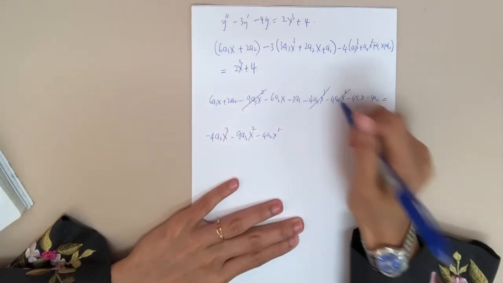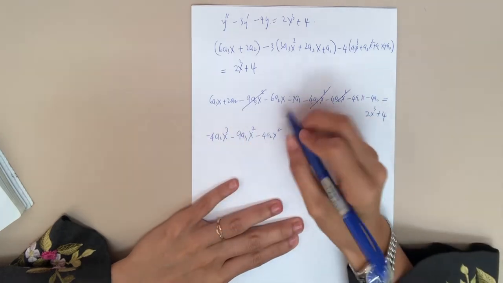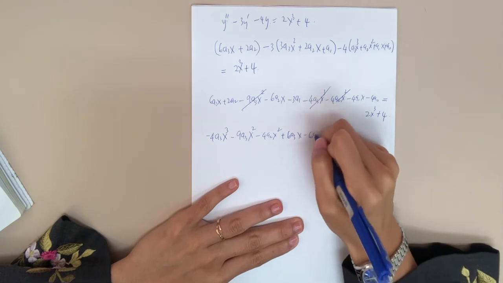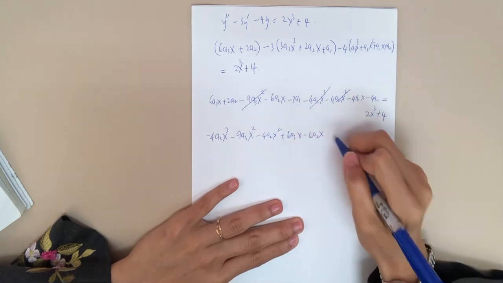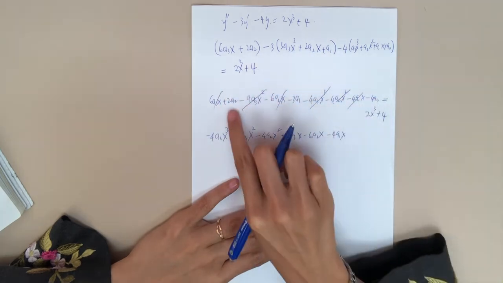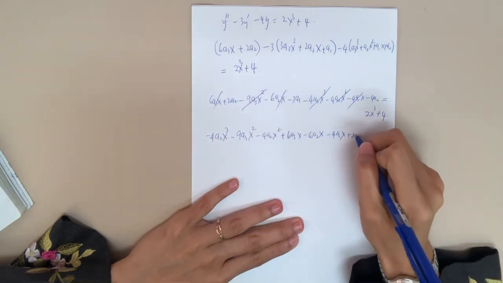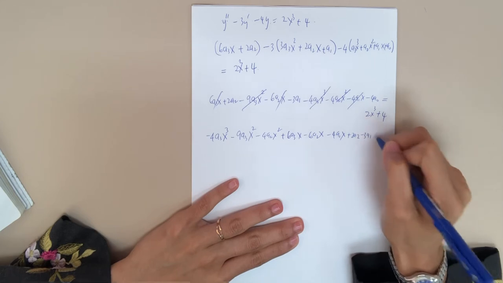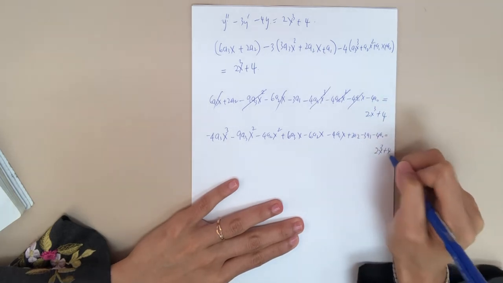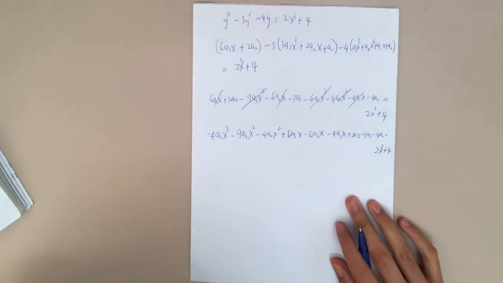Then we proceed with x. So we have plus 6a3x minus 6a2x minus 4a1x. And the last one is without x. So plus 2a2 minus 3a1 minus 4a0, and this equation is equal to this one.